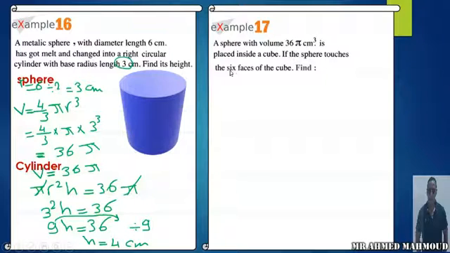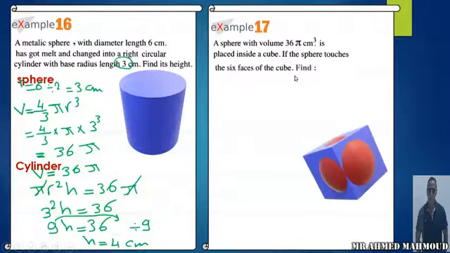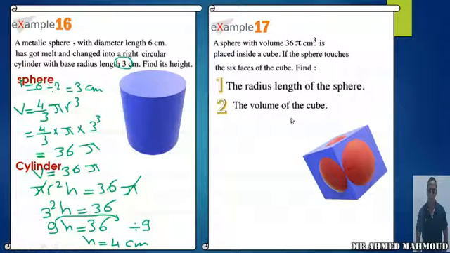If the sphere touches the 6 faces of the cube, find number 1, the radius length of the sphere, number 2, the volume of the cube. Here, as we see, a sphere is placed inside a cube. Here we have the volume of the sphere equal to 36 pi.